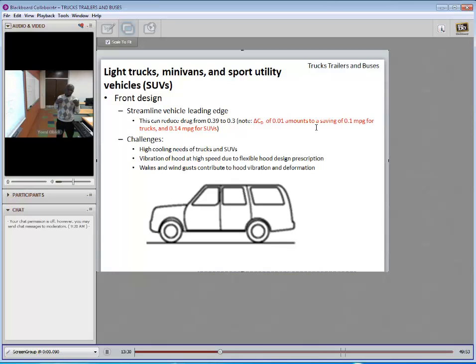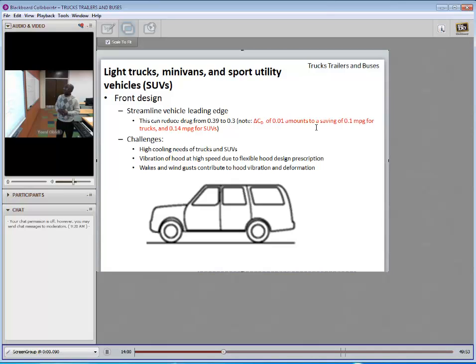They are relatively heavy compared with cars, they're heavy duty. There are heavy duty requirements in their function, and so there are high cooling needs, much more so than for family vans.